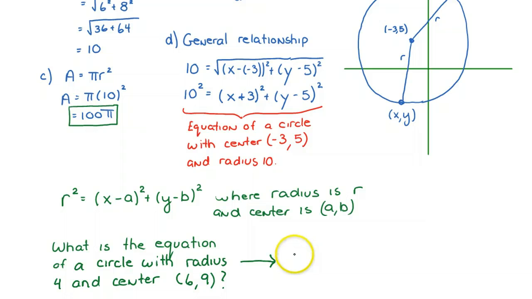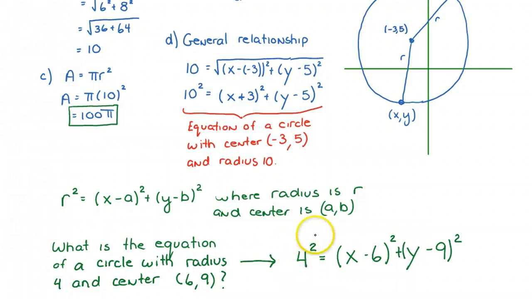So we take, remember the formula, r squared equals x minus a squared plus y minus b squared. So 4 squared is equal to x minus 6 squared plus y minus 9 squared. And that's the relationship that represents that circle. One last point. I'm not going to write this as 16 because what I find really useful is I can very quickly see what the radius is. The radius is 4, the center is 6, 9.